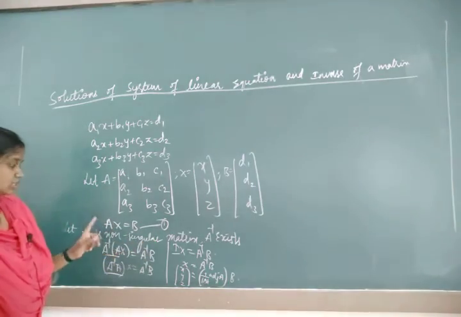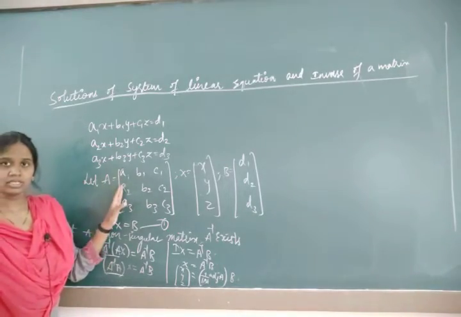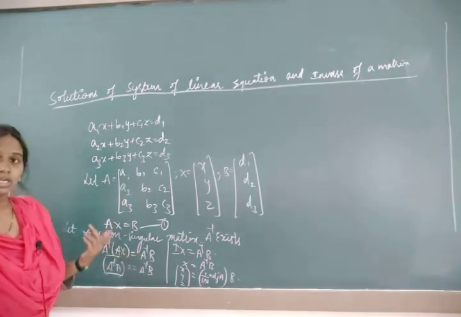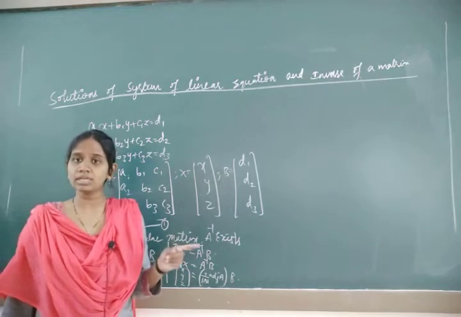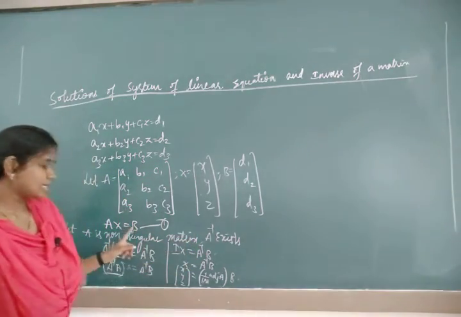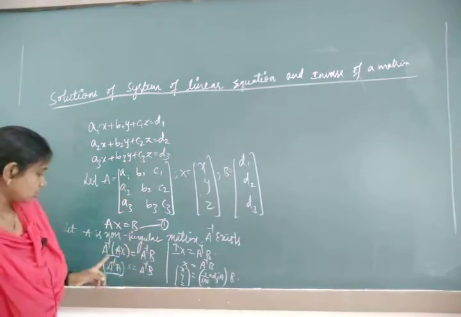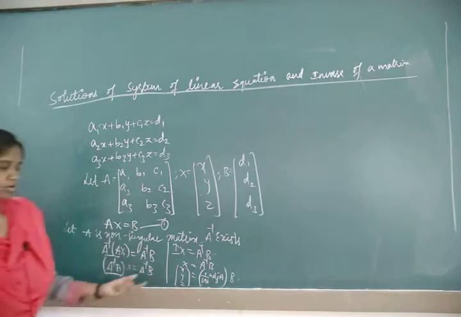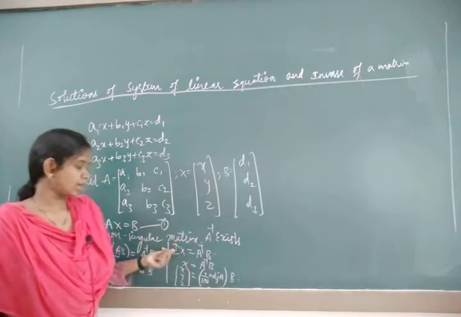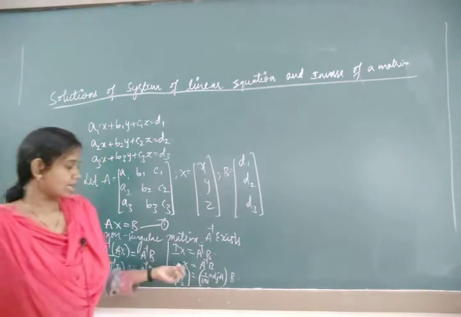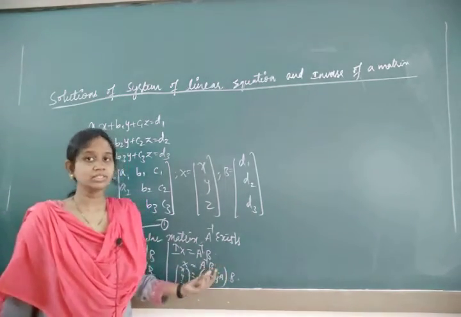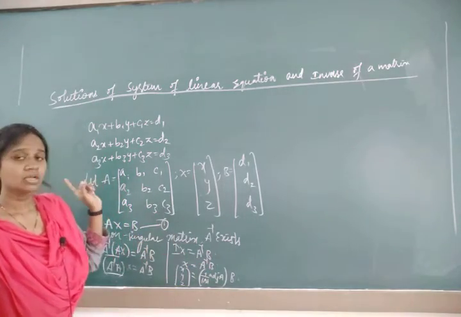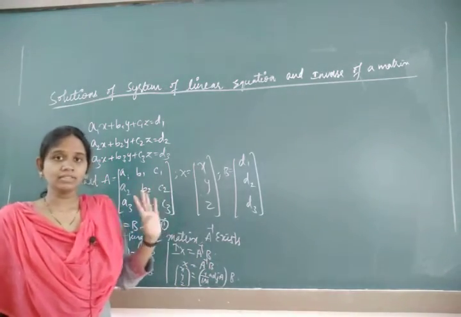Let us imagine our matrix A is a non-singular matrix, which means its inverse exists. So multiply A inverse on both sides: A inverse of AX is equal to A inverse B. By grouping you get the identity. I into X means X itself. X is equal to A inverse into B. This is the formula to find the unknown values of x, y and z.